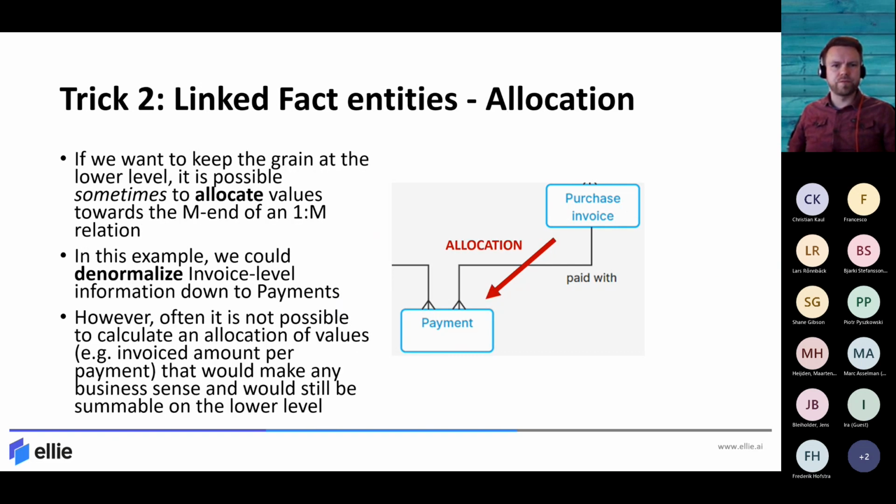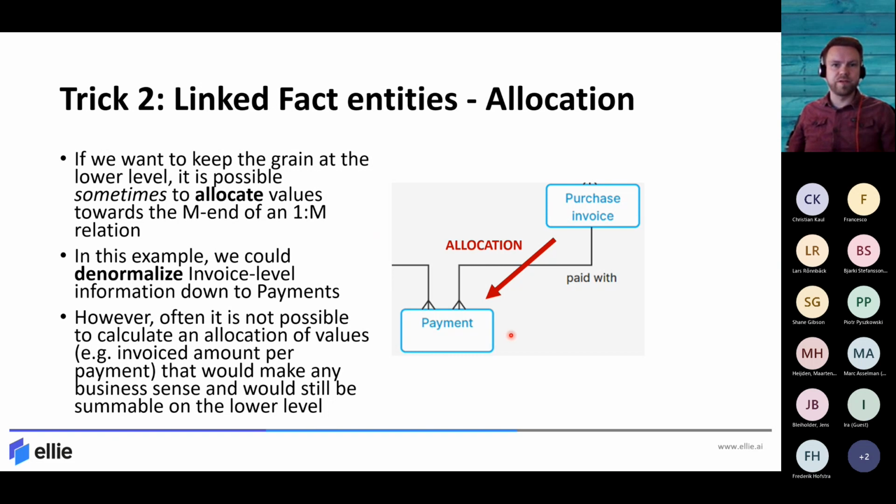The other way around, of course, we would denormalize or allocate values. If we choose that the grain is on this level, this is the fact entity, then we just squish the purchase invoice in there. And what we can do is basically get the invoice number and date here. But for example, we could not get the total invoiced amount into the payment fact.